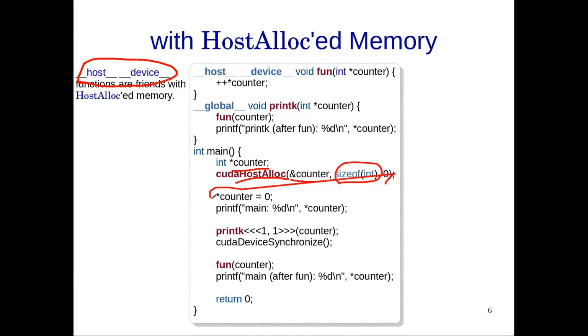I can access that directly on the CPU. So when I say star counter equal to 0, I'm dereferencing the counter and saying that its value should be 0, and in main I can access it like any other pointer. I can also pass that parameter to a kernel, and inside the kernel I can call a device function or directly access that counter as a pointer, as if that variable is present on the GPU.